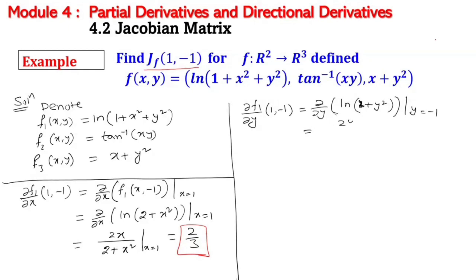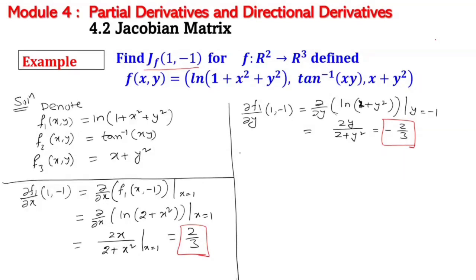So this is equal to 2y over 2 + y square, which is minus 2 over 3. So our next entry is minus 2 over 3.